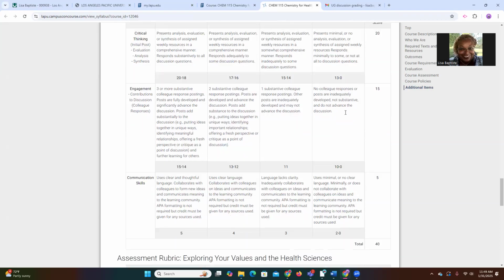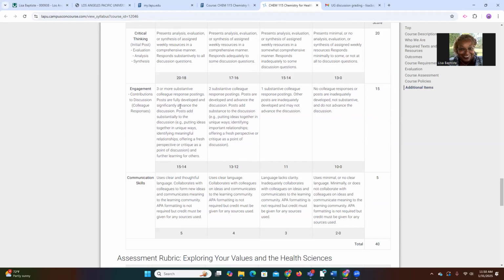Then there is the category for engagement. That is for contributions to discussion or your colleague responses. You need 3 or more substantive colleague response postings to get the full 15 points.